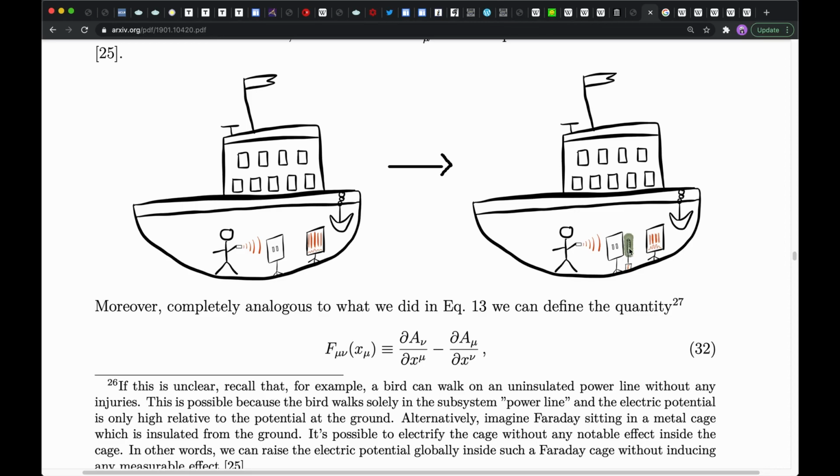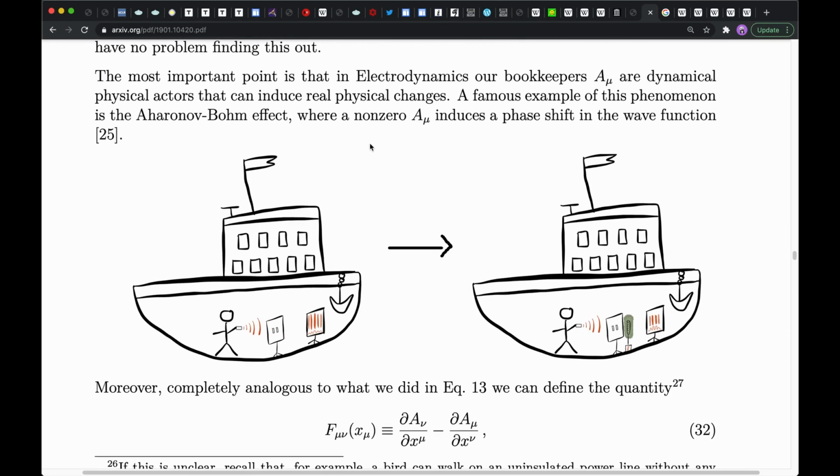He says here that we will have a zero field around the solenoid, but we will have a non-zero potential, and that non-zero potential will induce a phase shift in our wave function here, right?